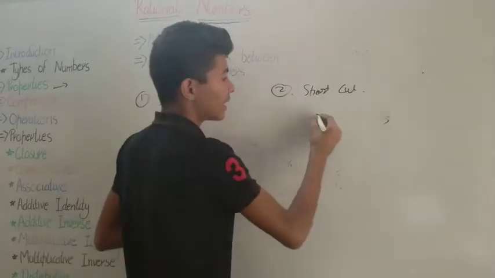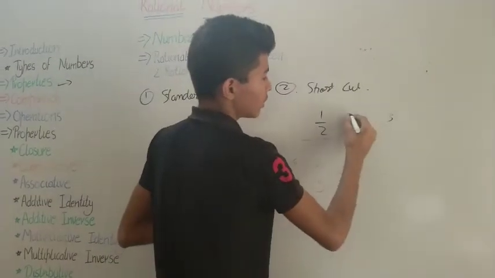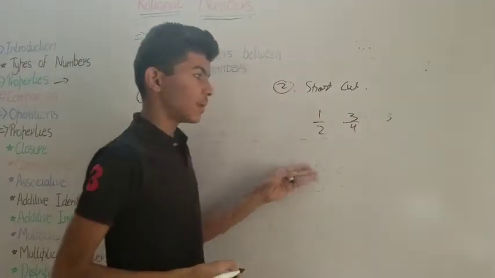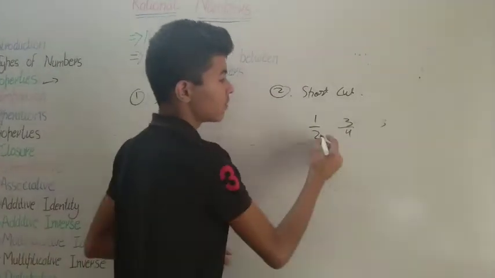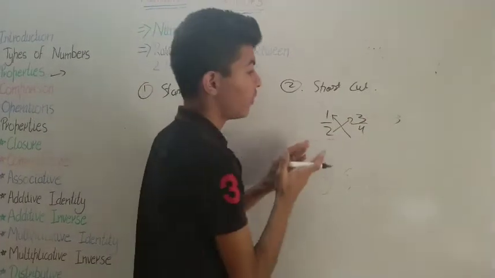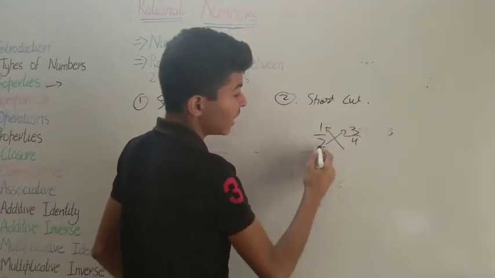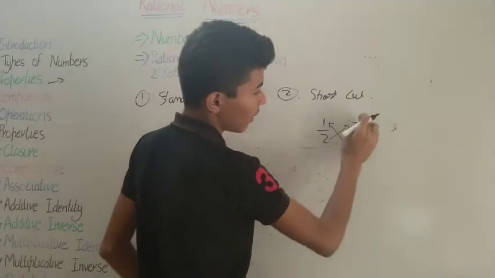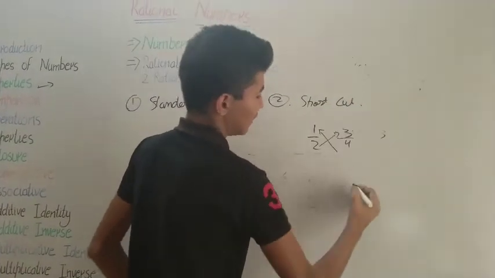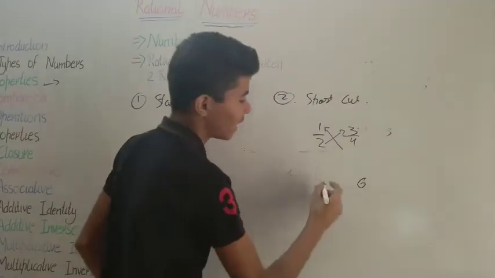For example, we take 1 by 2 and 3 by 4, and ask which is bigger. We simply do cross multiplication, with the arrow facing upwards. So 2 multiplied by 3 is 6, and the 6 will be on this side because the arrow is moving this way. And 4 multiplied by 1, the arrow moving this side, gives 4.